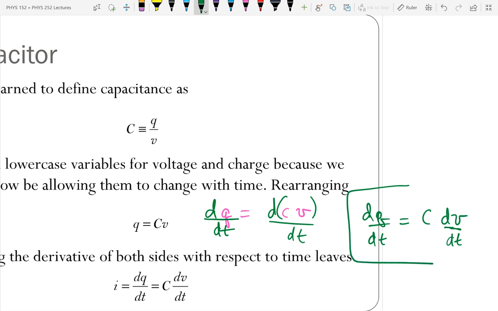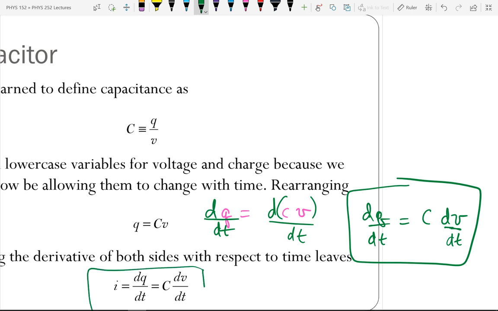And so that's a fundamental relationship between the rate at which charge flows to the capacitor and the rate at which the voltage on the capacitor changes. But of course, dQ/dt is our definition of current. And so this equation is written down below as current is equal to C dV/dt.